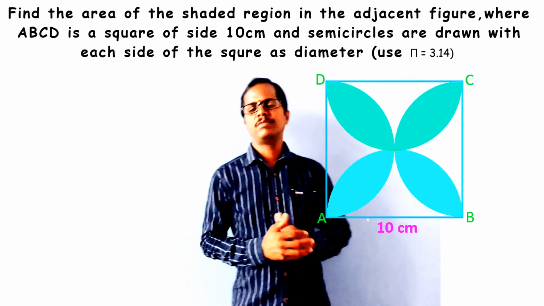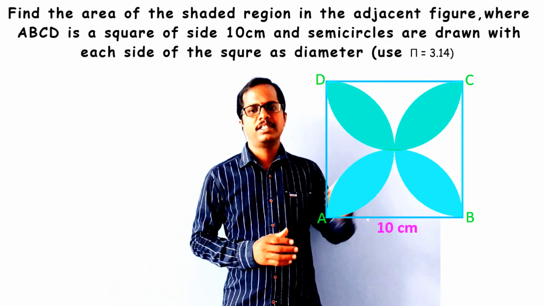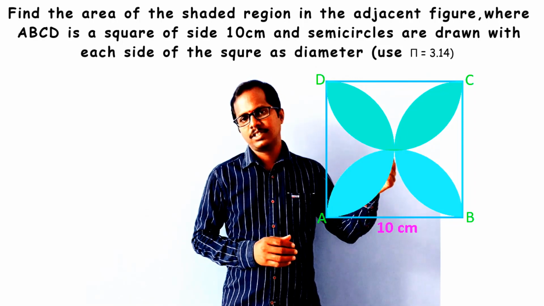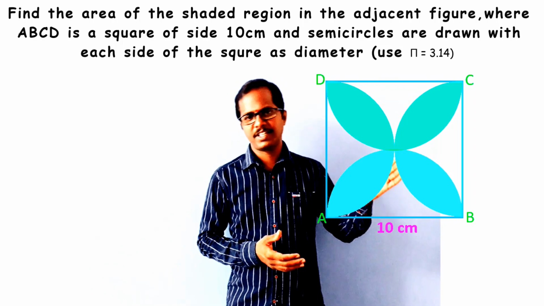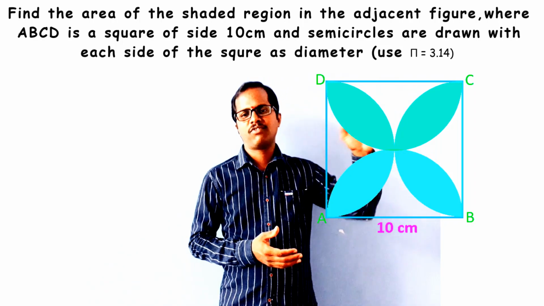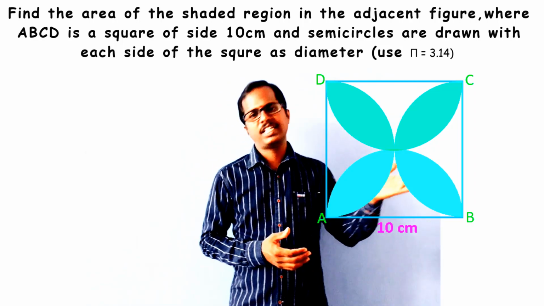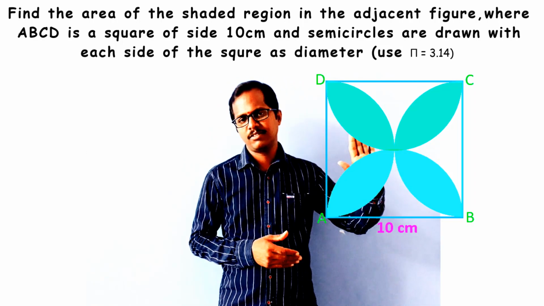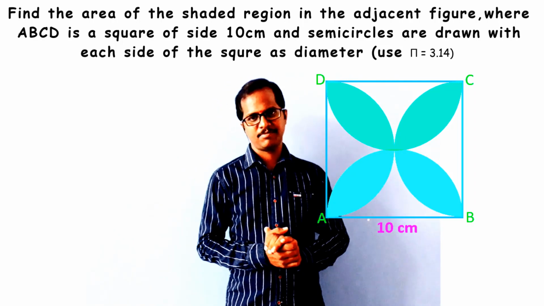Here we have a square ABCD, each side is 10 centimeters, and 4 semicircles are drawn using each side of the square. We need to find the area of this shaded region.